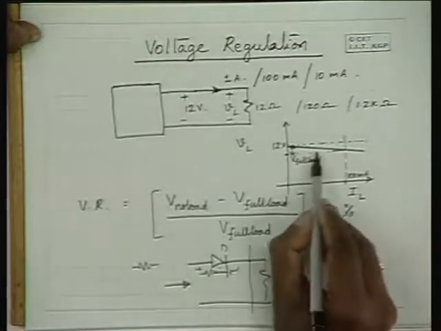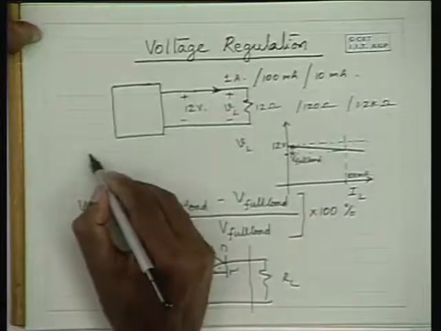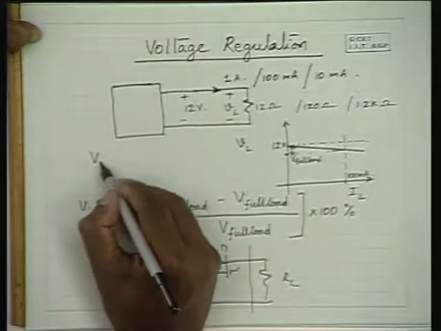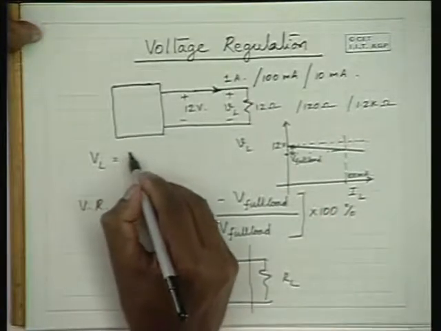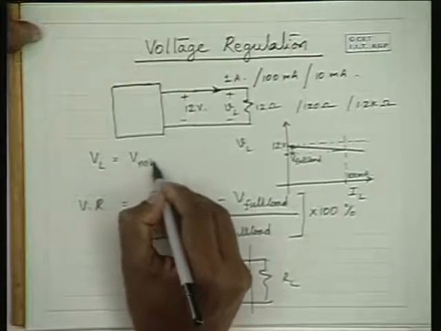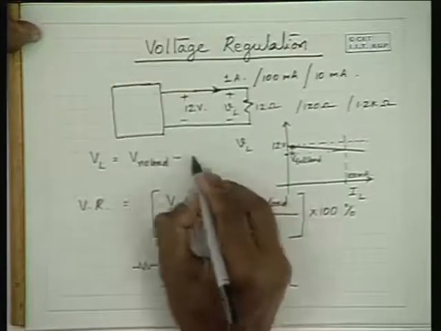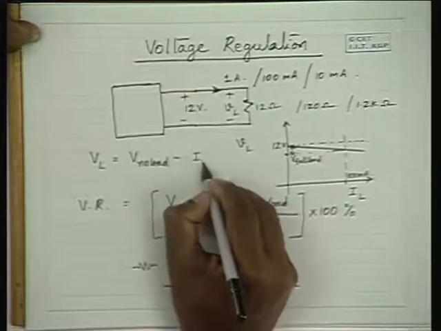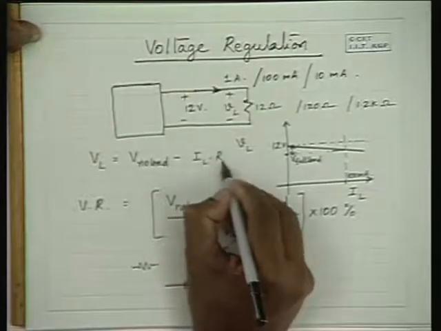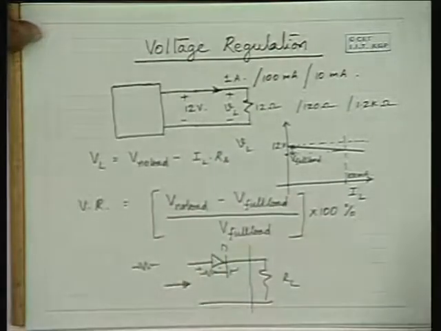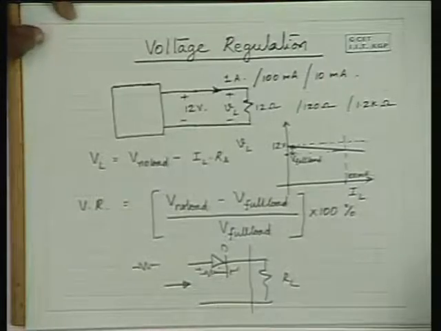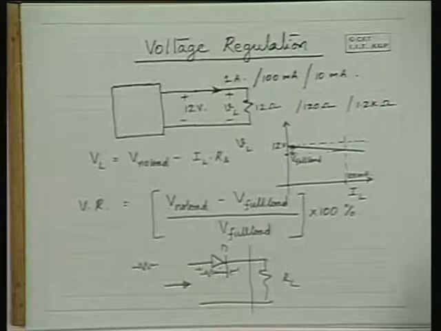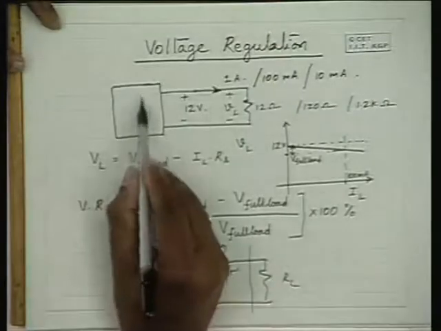In fact, this expression can be given as V load is equal to V no load minus IL into some series resistance, which can be denoted as a source resistance, because that is the equivalent series resistance of the source that is being exhibited.